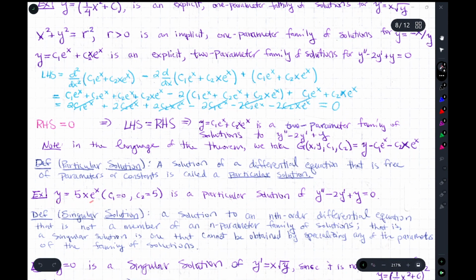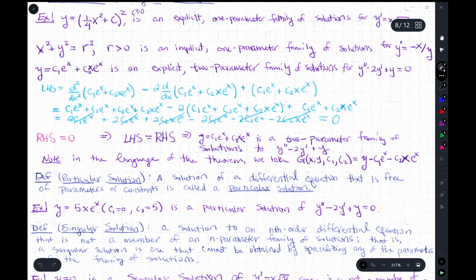y is equal to 5x e to the x, where we took c1 here and set it equal to 0 and c2 equal to 5, is a particular solution of this second order differential equation. And just a note here that when we start talking about second order differential equations in the future, we'll break up a certain class of differential equations and their solutions into homogeneous and particular solutions.